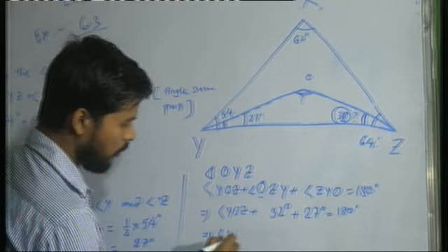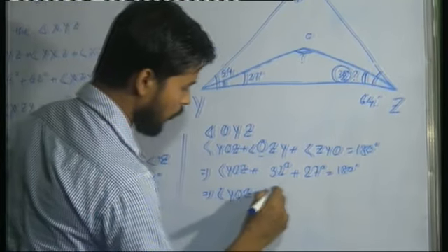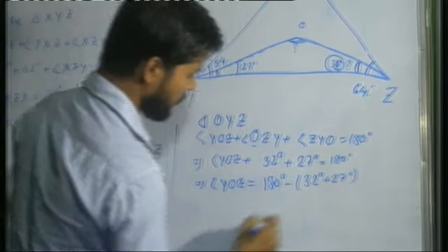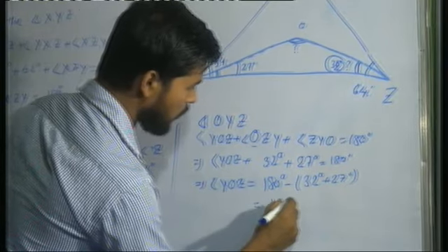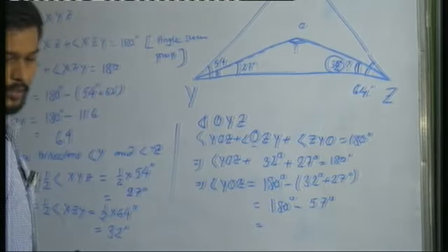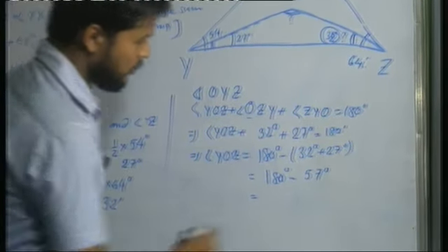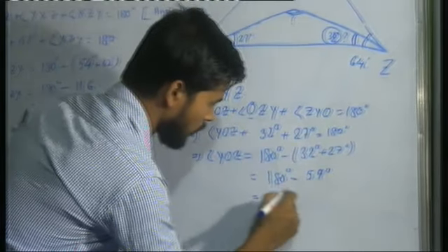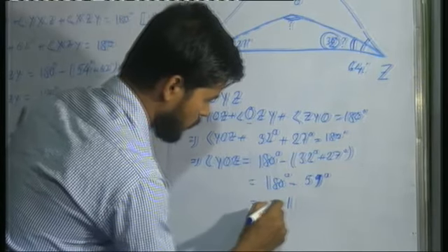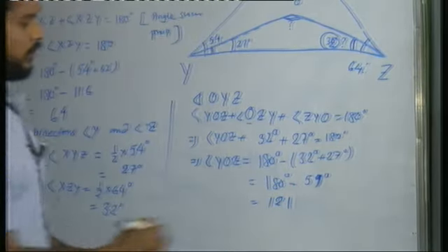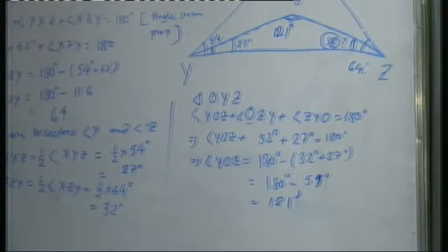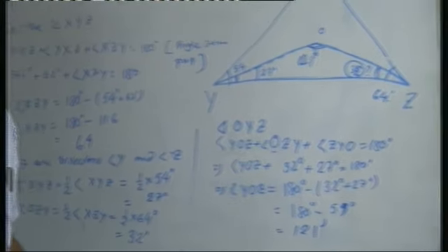That means angle YOZ is equal to 180 degrees minus (32 degrees plus 27 degrees). So that is 180 degrees minus 59 degrees. So if I subtract 59 from 180, it will be 121 degrees. So the value of this angle is equal to 121 degrees, and hence solved. Okay, so this is the second question.